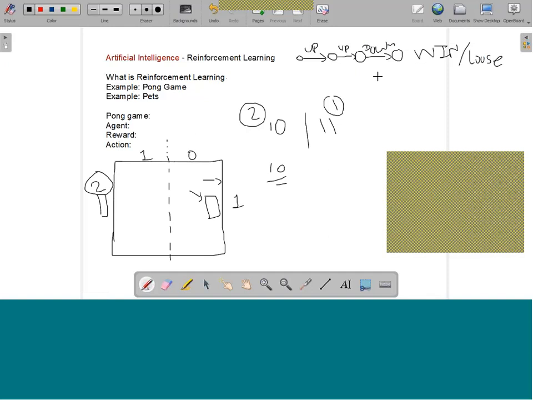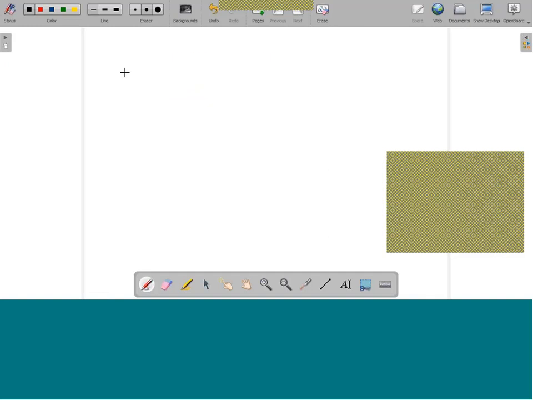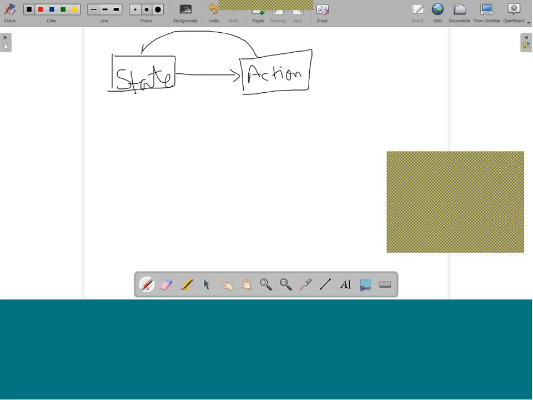And understand state. Let me just erase this. Now I'm drawing the state. You have to change the state by using the action. So here I have to take the action, and after taking the action, I will get the next state.